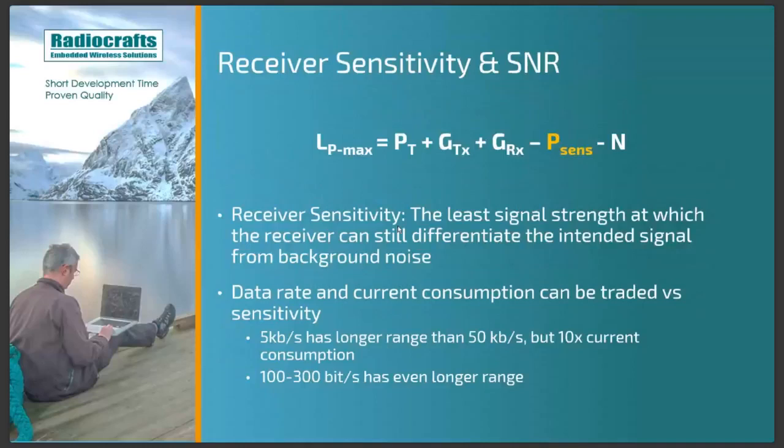And we also see some radio systems like LPWAN going down to 100 bits per second, and they can also go lower than that, and that will increase the range even further, but at the cost of much higher current consumption. So there are no free lunches here. It's always a compromise between different elements.